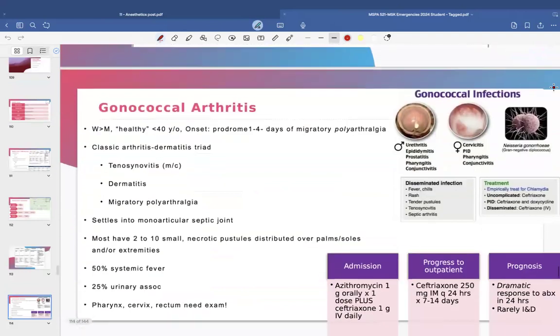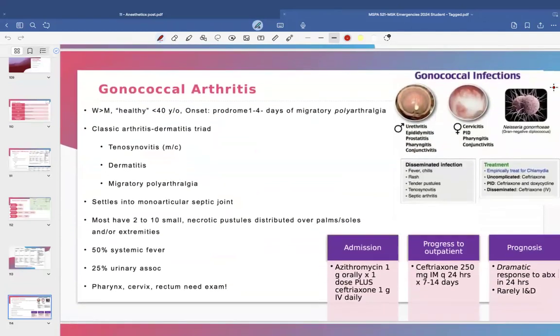You know, the crystals on the other one, you're gonna have it be cloudy, because it's purulent, and you're going to have those white cells in there. If they start talking about sexually active things with a prodrome and migratory polyarthralgias, think gonorrhea.